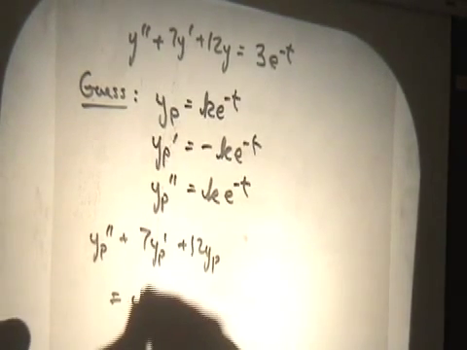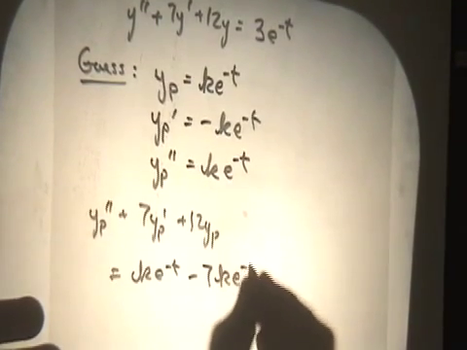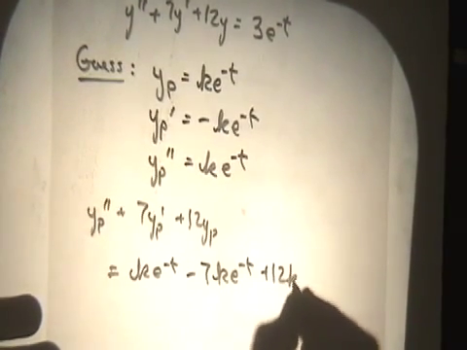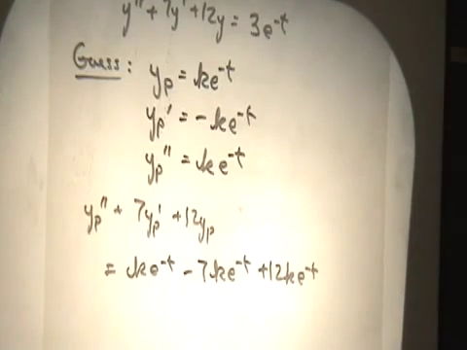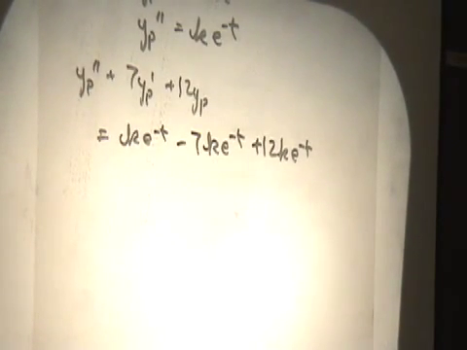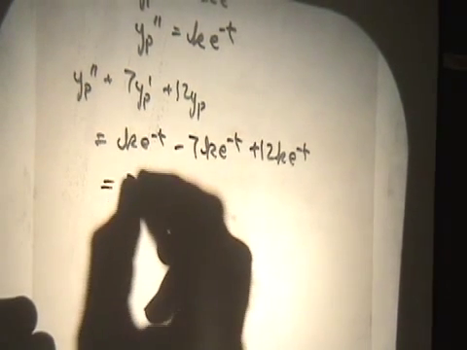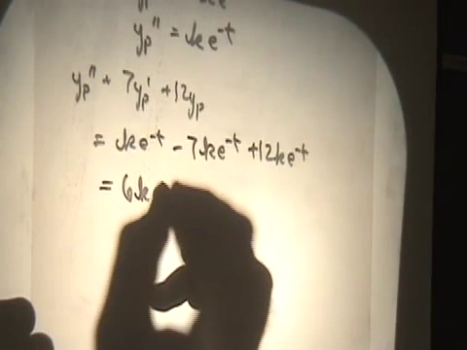You're going to get k e to the negative t minus 7k e to the negative t plus 12k e to the negative t. And that will simplify to 6k e to the negative t.